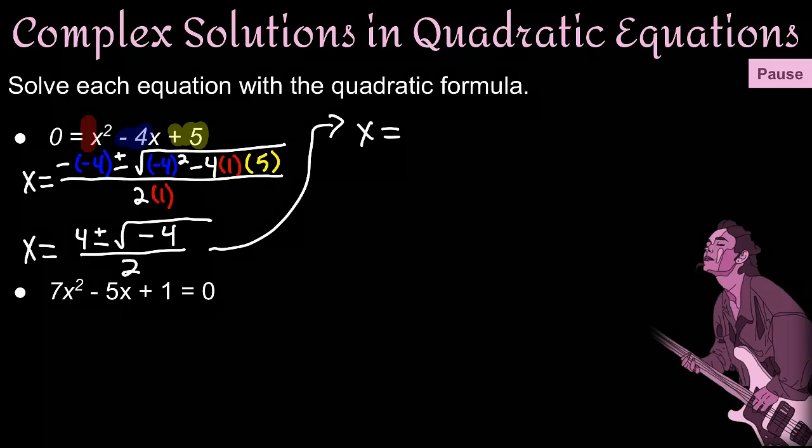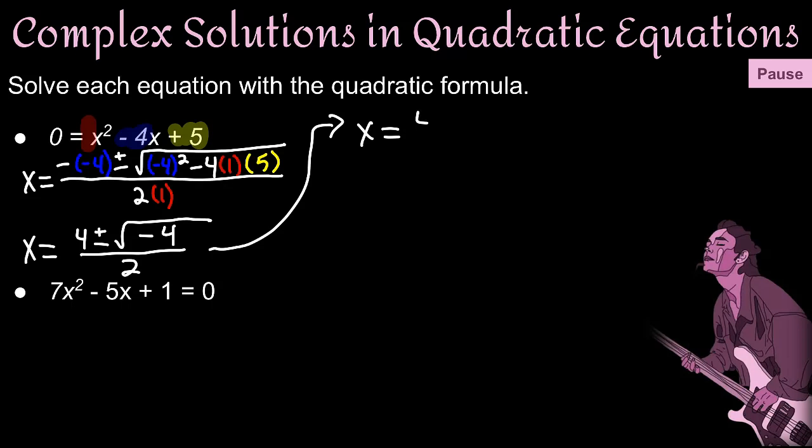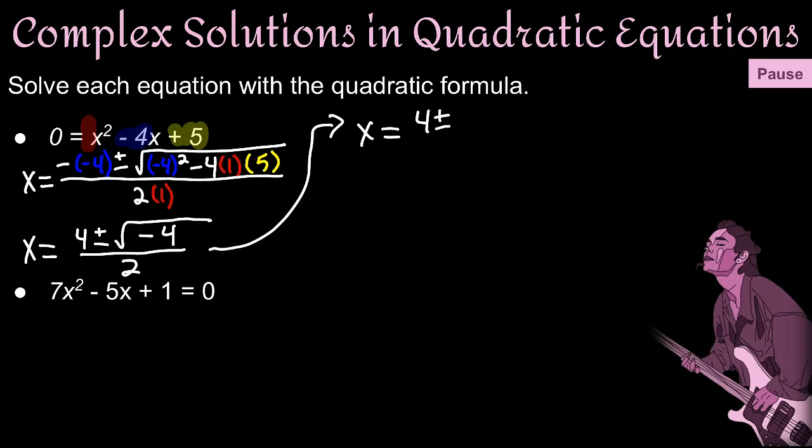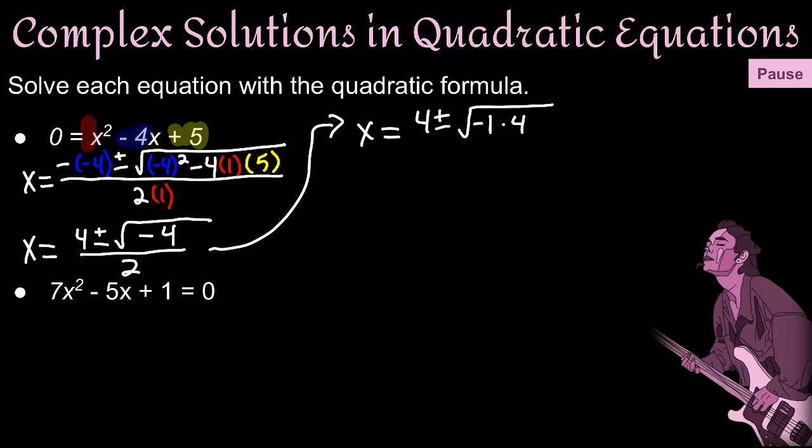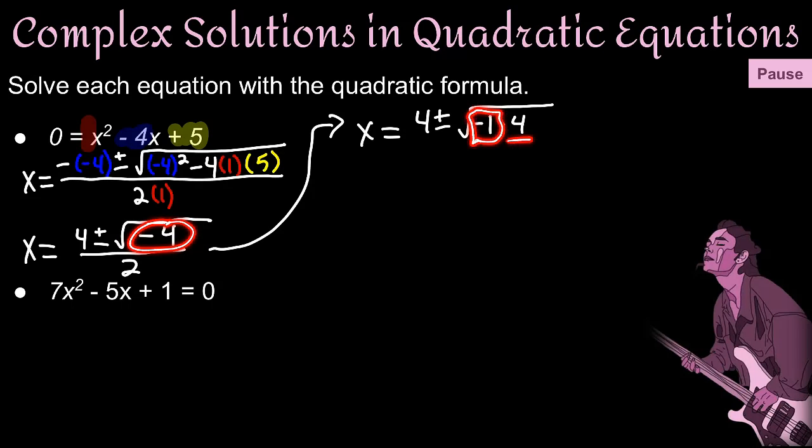So that square root negative 4, so we have the 4 outside, plus and minus. And I'm going to do this step by step. So I'm going to do square root. We have the negative 1 times 4. So I just broke this apart into the negative 1 times 4.